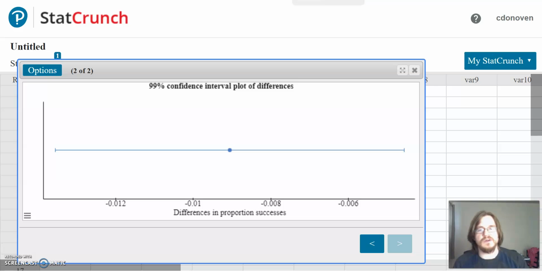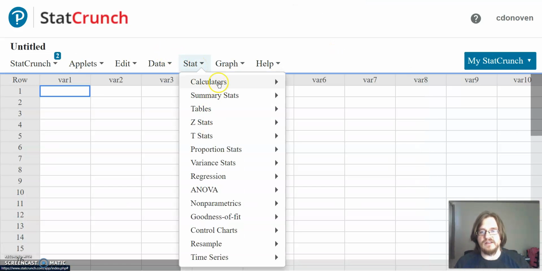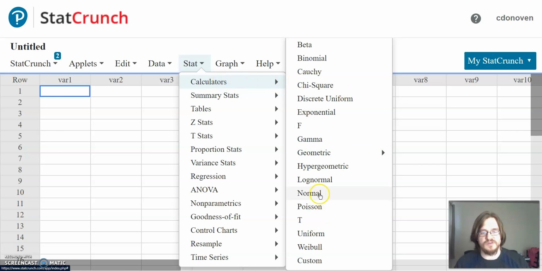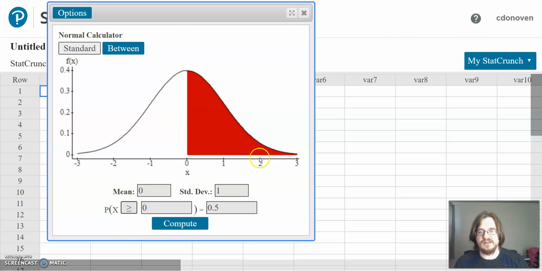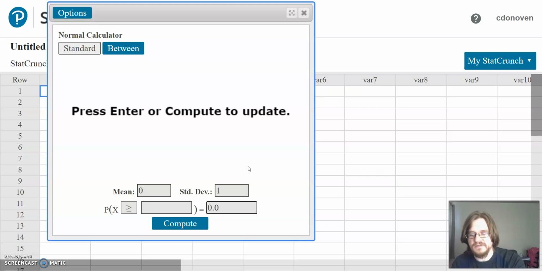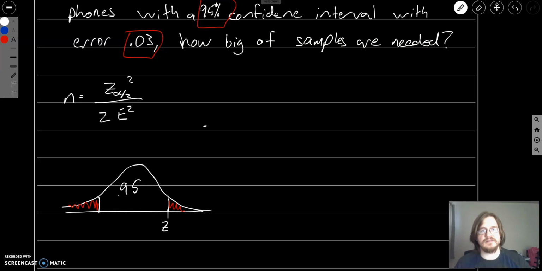So for instance, if we go to StatCrunch, open up our normal distribution calculator, we want the area to the right, and we want that area to be half of 0.05, so 0.025. And we see that we get 1.96.